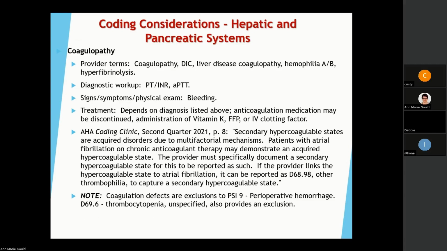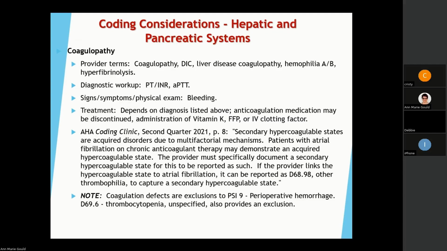Coding Clinic, second quarter 2021, page 8, says secondary hypercoagulable states are acquired disorders due to multifactorial mechanisms. So patients with atrial fib on chronic anticoagulation therapy may demonstrate an acquired hypercoagulable state.